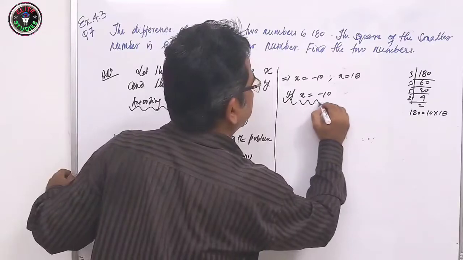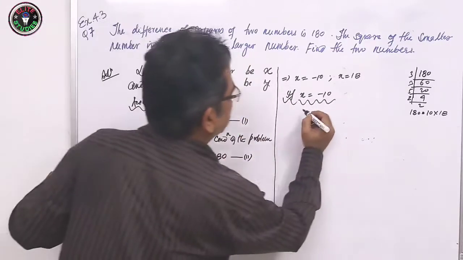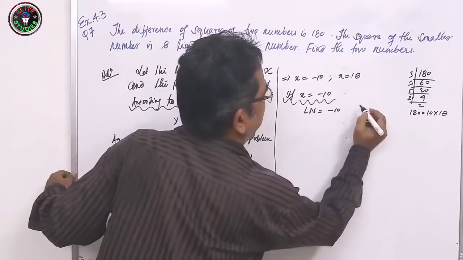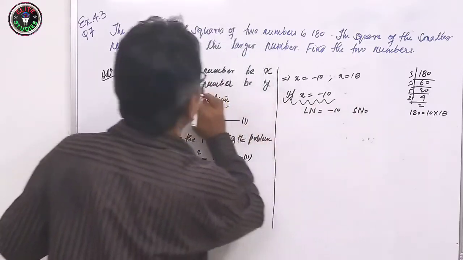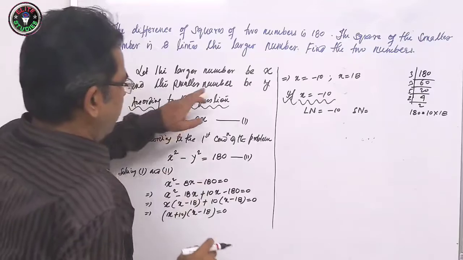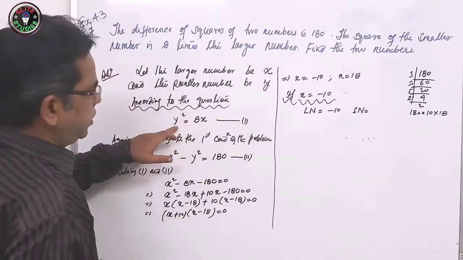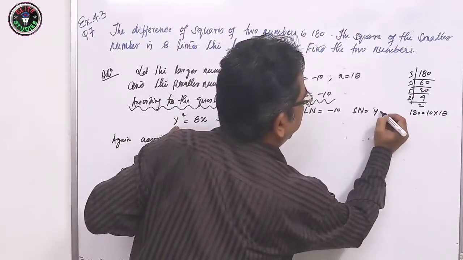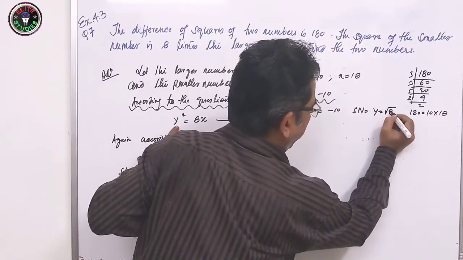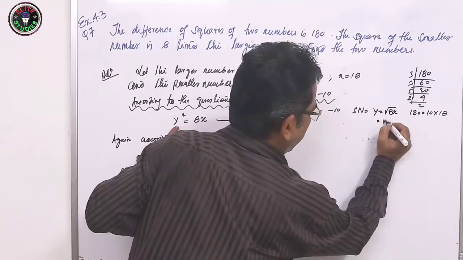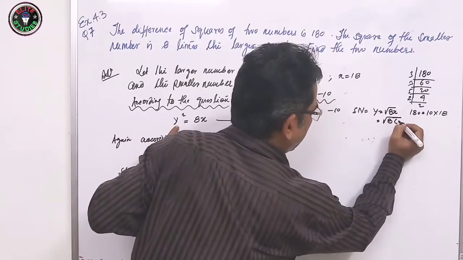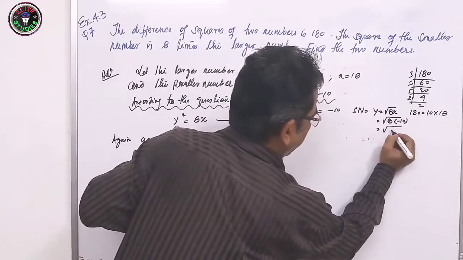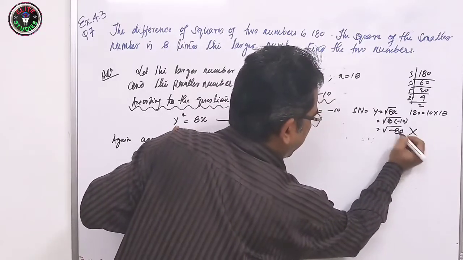If x is equal to minus 10, then the larger number is x equal to minus 10, and the smaller number will be y, where y is equal to root over 8x, which is root over 8 into minus 10, that is root over minus 80, not feasible.